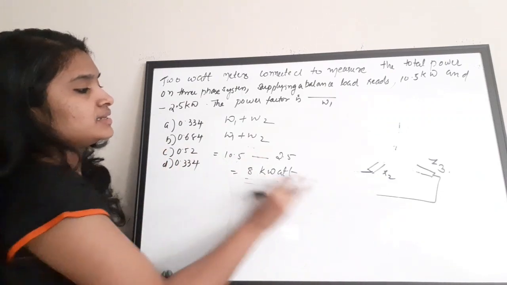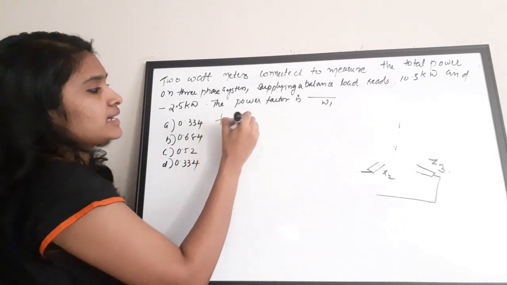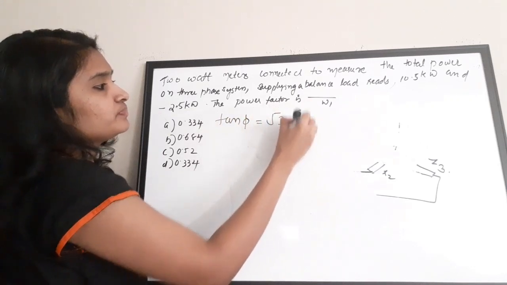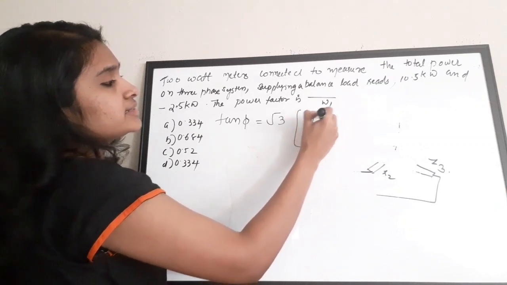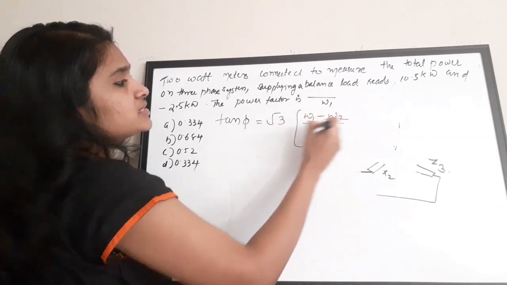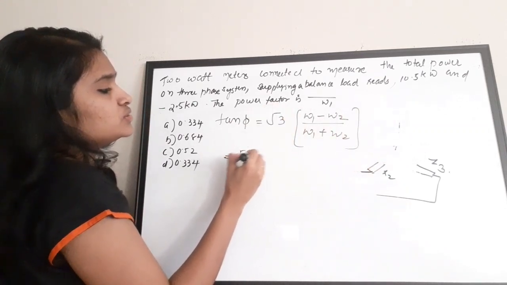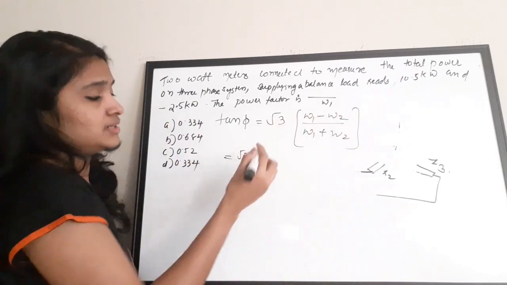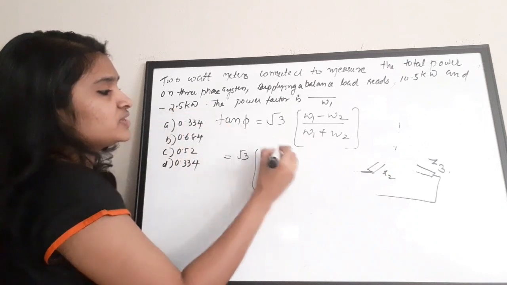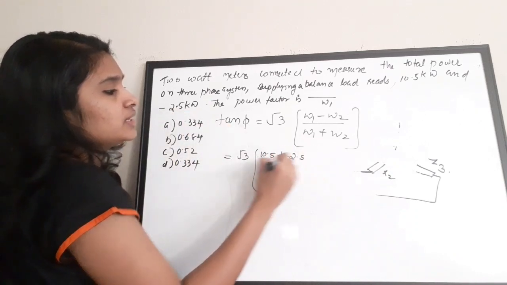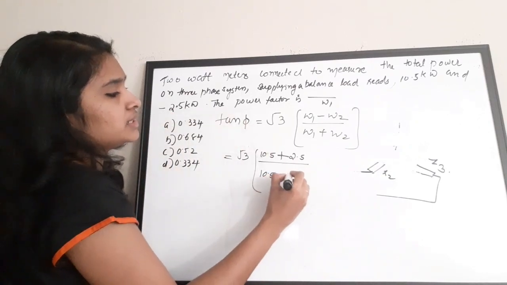Okay. Next we are going to calculate the power factor. Again, tan phi is equal to root 3 into (W1 minus W2) by (W1 plus W2). This is the correct expression. So, root 3 into W1 minus W2, it is 13. So, 10.5 minus minus 2.5 is plus 13 by 10.5 plus, so it is minus 2.5.